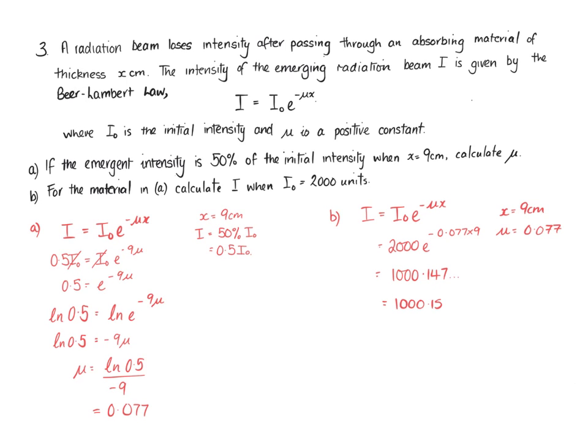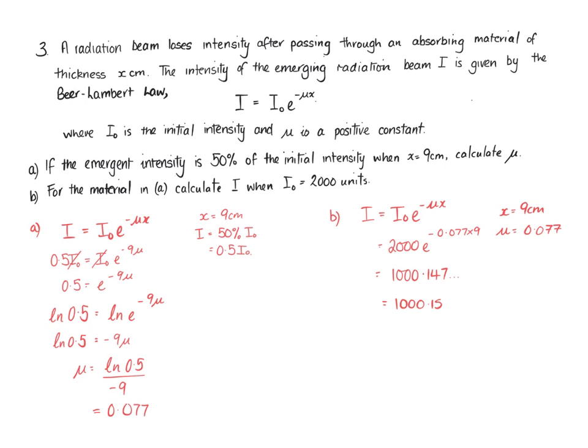Okay, so let's think, does that make sense? So in the first part of our question, we found the emergent intensity, we got told it was 50% of the initial when x is 9. So if it's telling us that it's the same material, that means that our emergent intensity should be 50% of our initial one, because we've not changed anything other than we now know what's going in, so we know that what's coming out should be 50%.